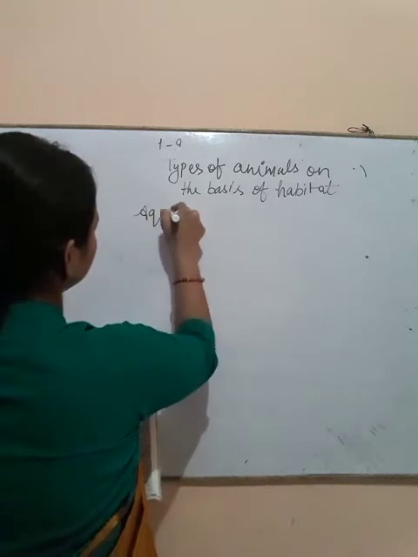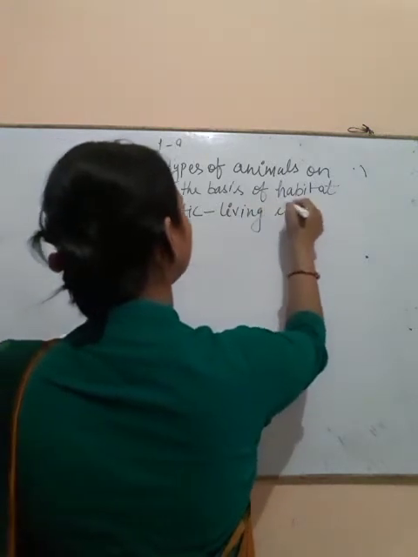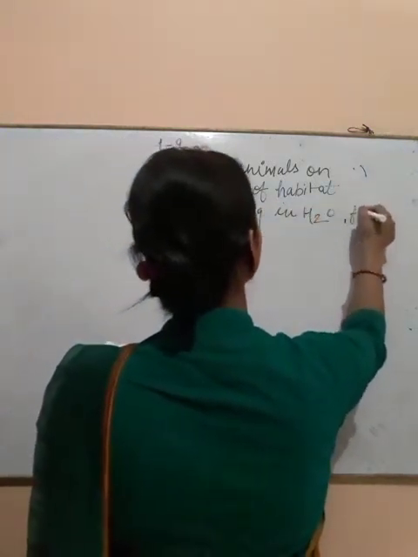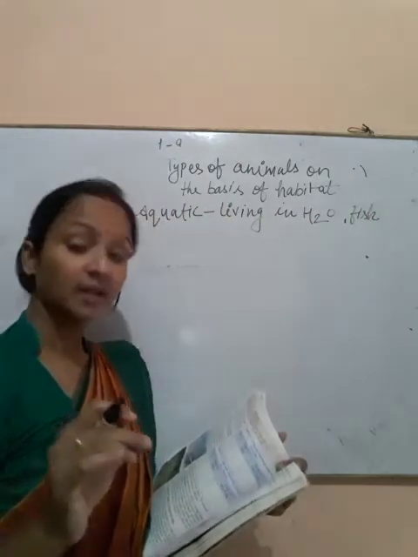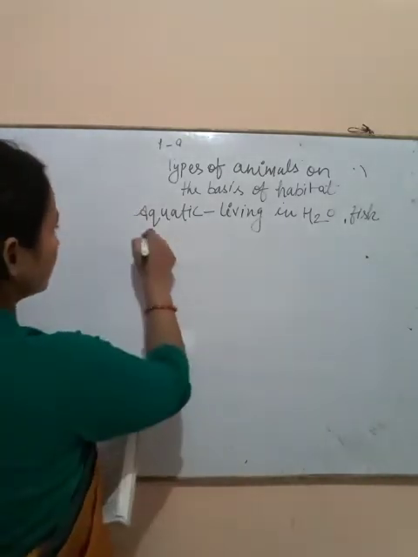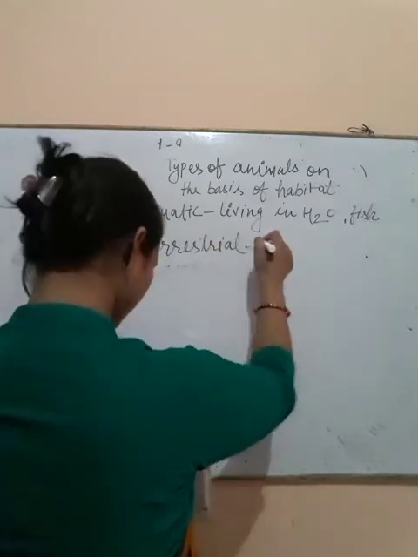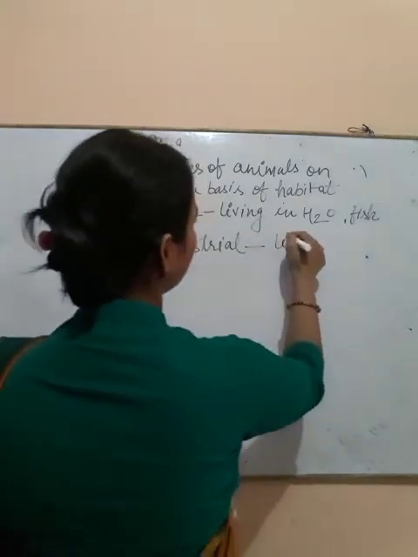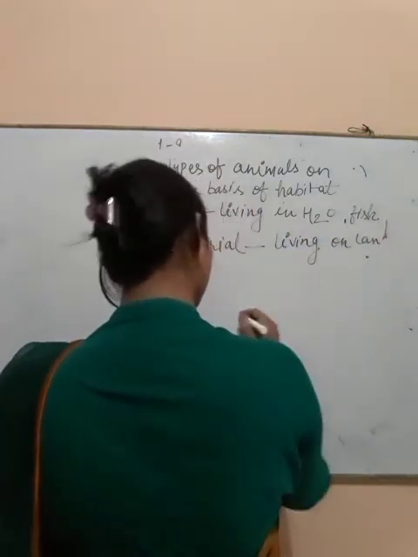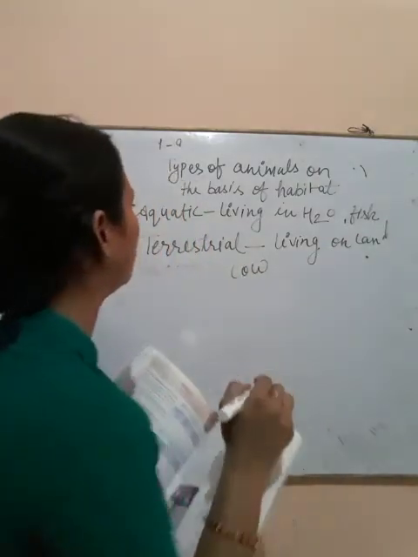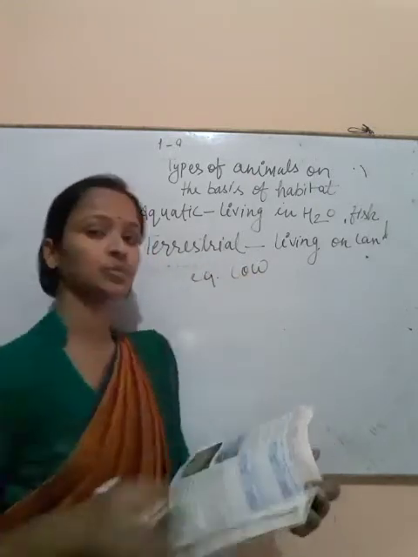Aquatic habitat, living in water, example fish. Terrestrial, living on land, like cow.